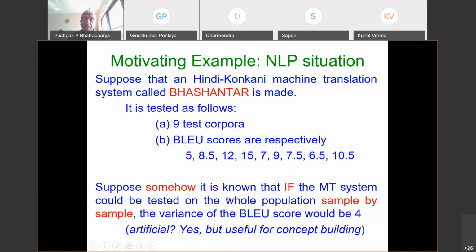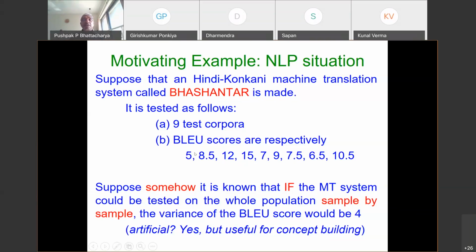And suppose somehow we know that if this machine translation system could be tested on the whole population, sample by sample, you take a large number of samples, and then you compute the BLEU score. The variance that you will get is 4. Standard deviation would be 2.